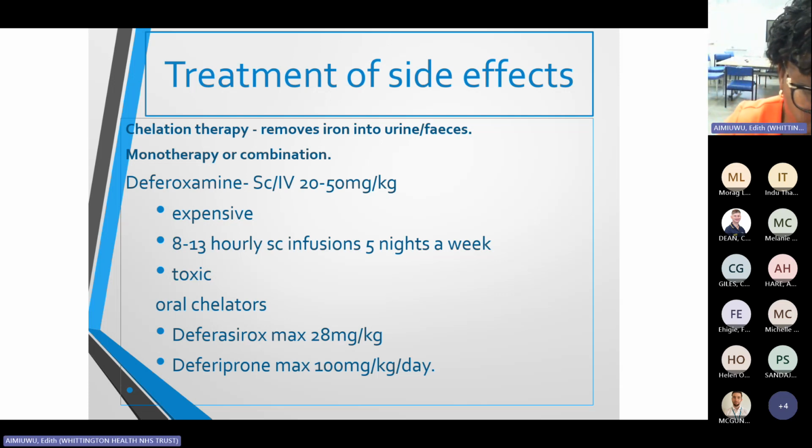Then you have the deferiprone, and deferiprone also can be used, maximum daily dose of 100 milligram per kilogram per day in 3 divided doses. All these medications, they all have their own side effects and complications, so we need to be mindful in treating and educate the parents on how this should be used.